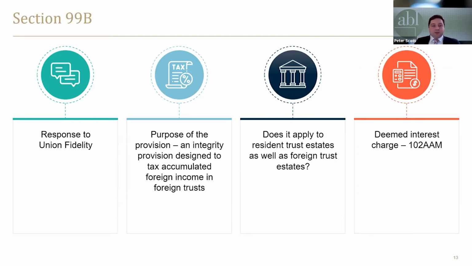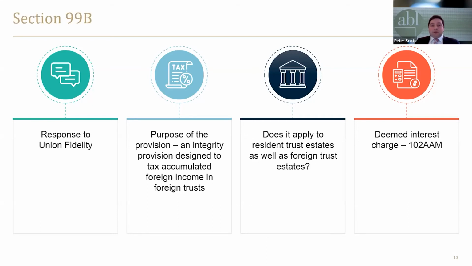However, it's our view that Section 99B ought not ordinarily apply to a resident trust, and that view is consistent with both the policy behind the provision as well as the comments of Justice Hill in the Track New decision from the 1990s, and a number of private rulings from the Commissioner, I guess for what they're worth, tend to support that position.